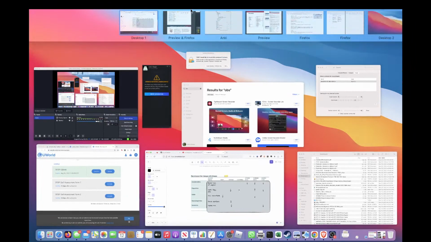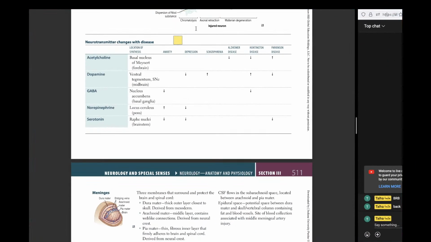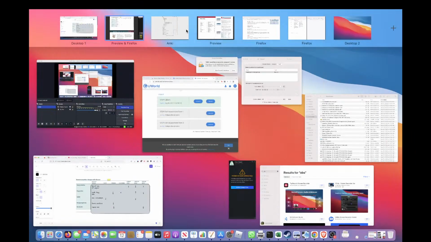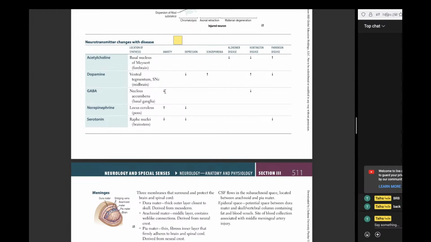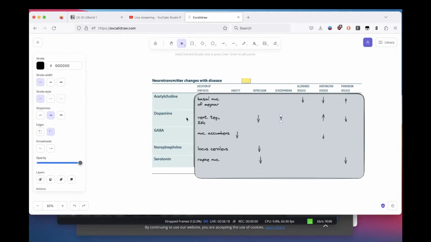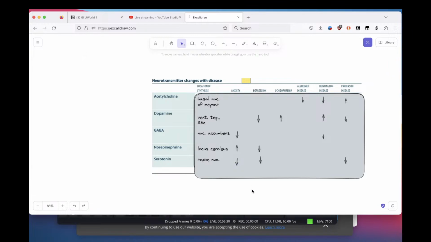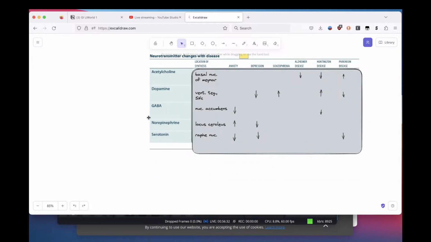Right? Yeah, it's up in schizo. Oh, forgot. Norepi is up in anxiety, and serotonin is down in anxiety. Okay. That was good.